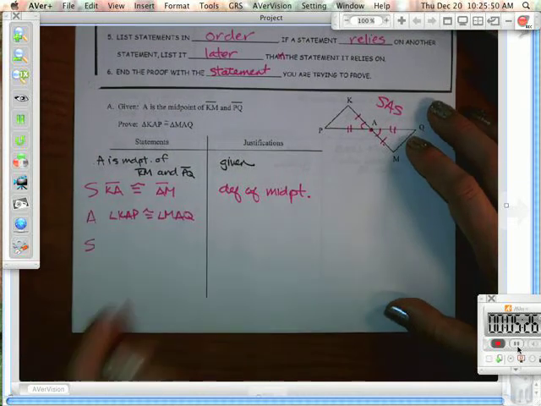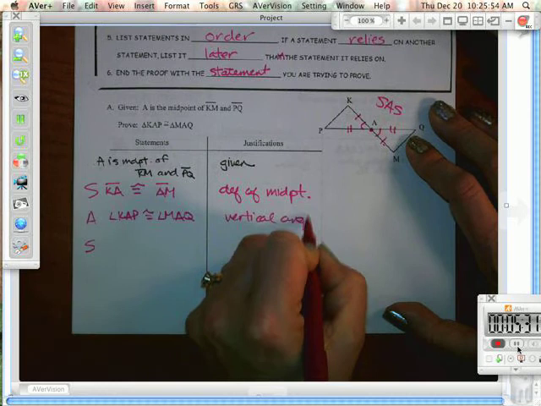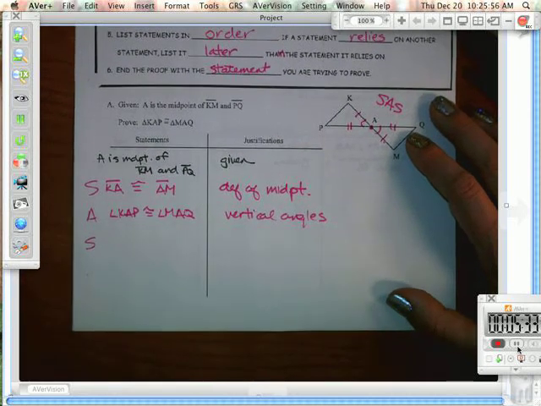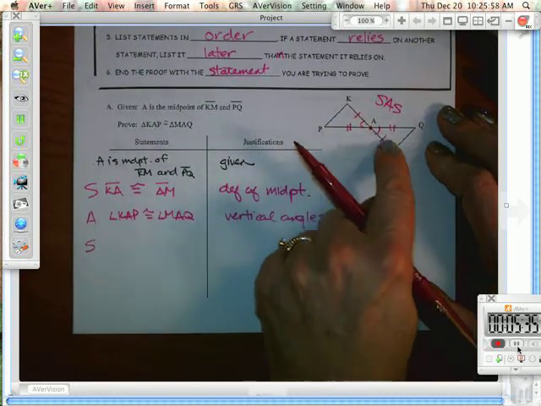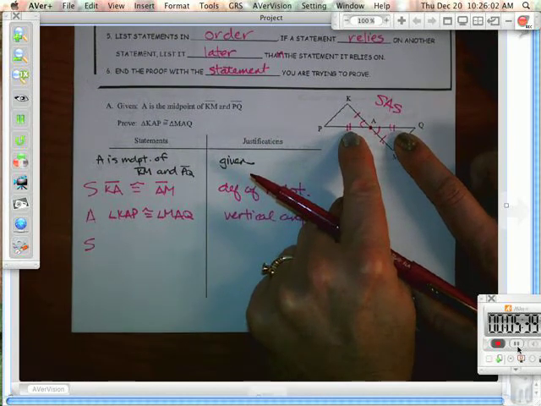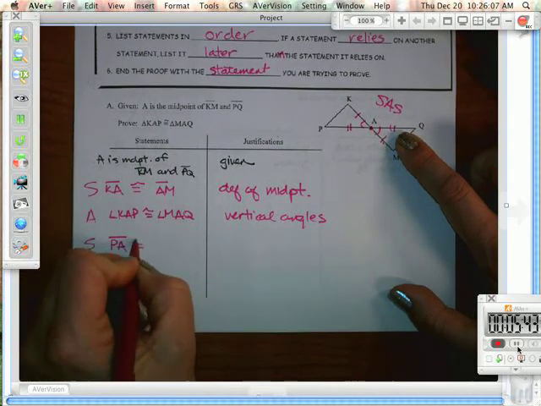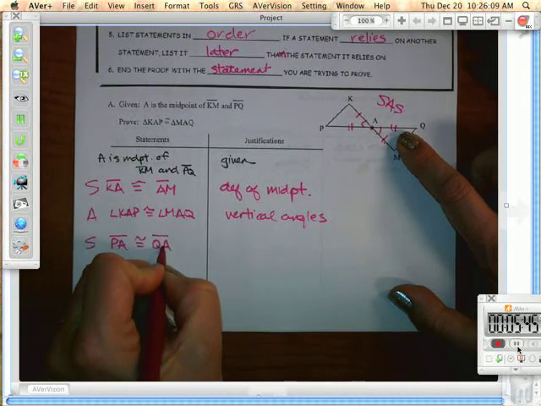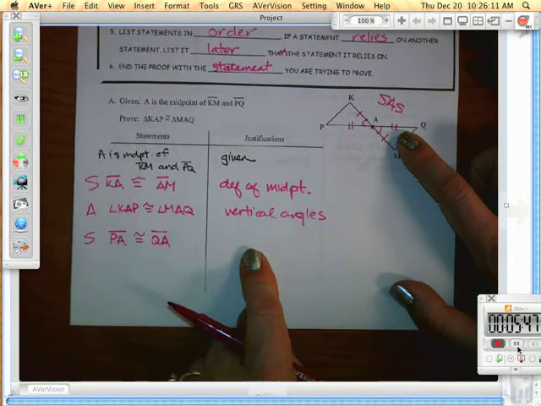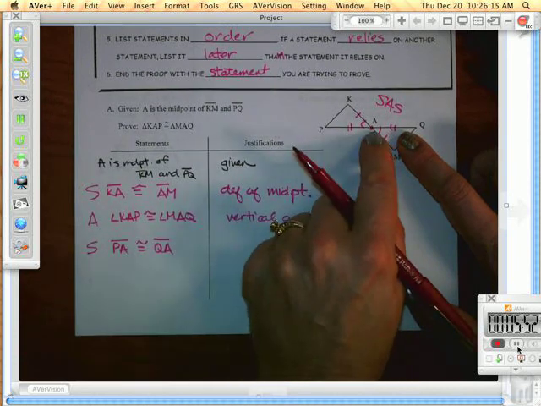They're vertical angles. Okay, so I did these two sides, I did my angles, now I have to do these two. So I'm just going to say side PA is congruent to side QA. How do I know this? Midpoint, definition of midpoint.